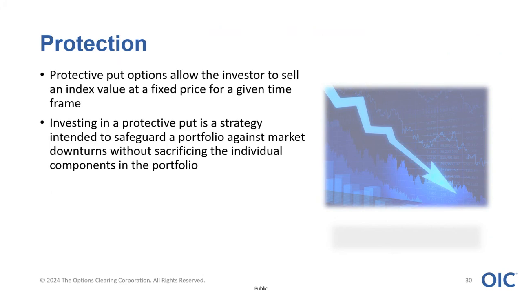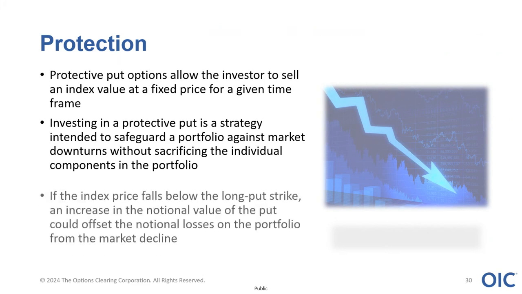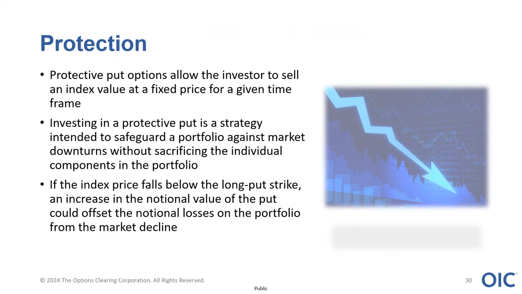One of the things that people like about index options is that it allows you to actually profit from a downturn in the market without having to necessarily sell your underlying holdings. And so that's why people use these for protective put purposes.